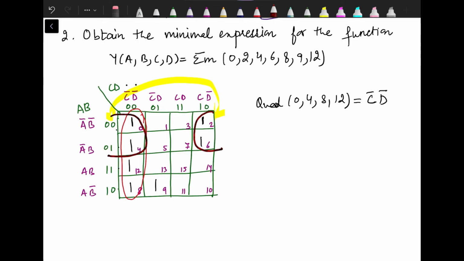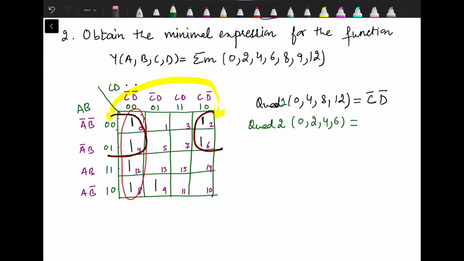Our target is not to look for the pairs, we always need to look for the octets. If not, then look for the quad. Last option is the pair. So we have the second quad. This is the first quad. Quad 2 of 0, 2, 4 and 6.